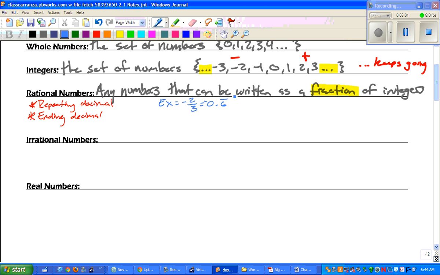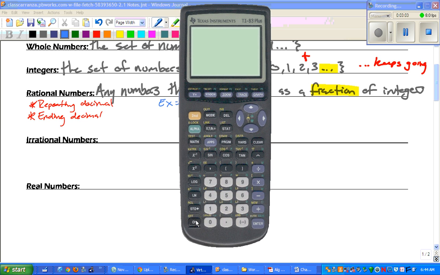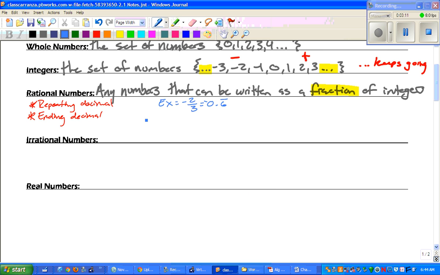Now, if you have a calculator, what that calculator does is when you divide 2 divided by 3, it rounds it, okay? But in reality, this number keeps going on forever and ever, okay? But since we can write it as a fraction, it's considered a rational number, okay?